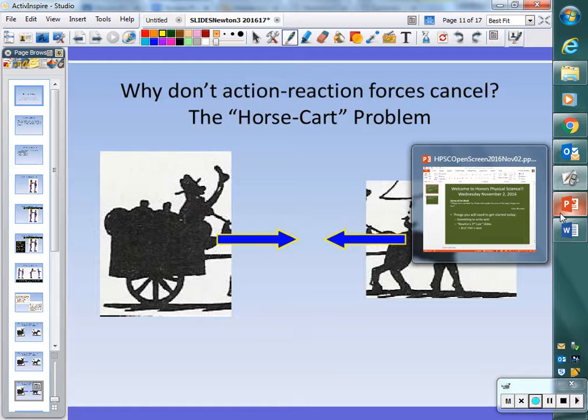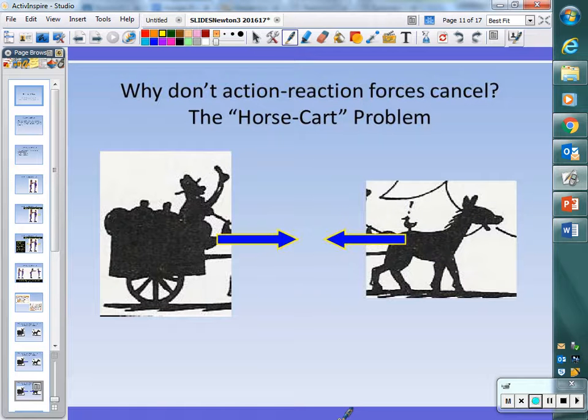But what makes them different? Where are they acting? One of them acts on the cart. One of them acts on the horse. Can two forces, even though they might be equal in magnitude but opposite in direction, cancel each other out if they don't act on the same thing? No.